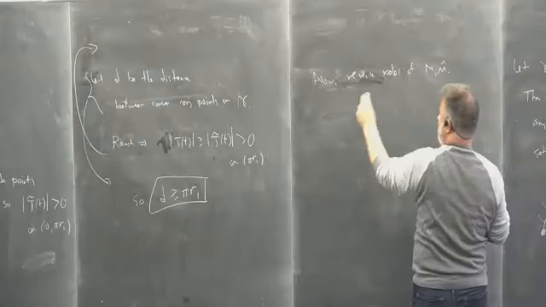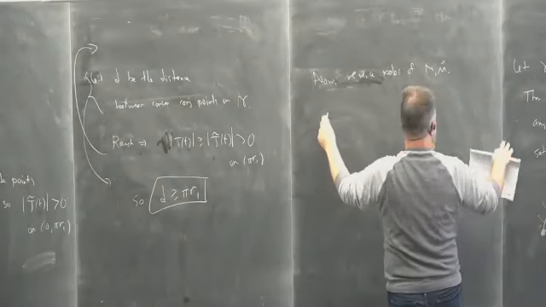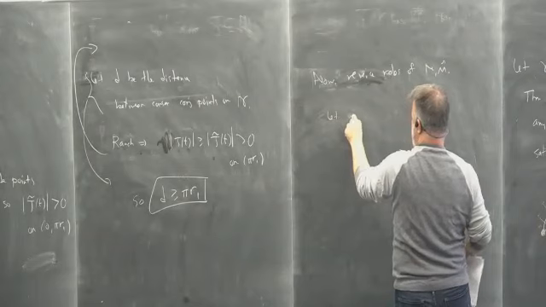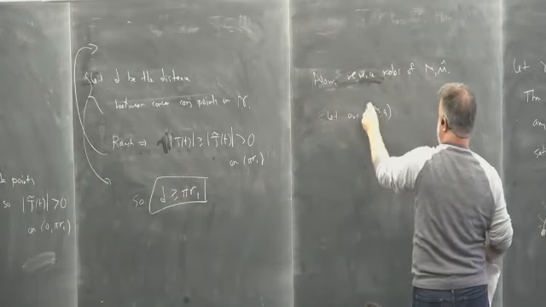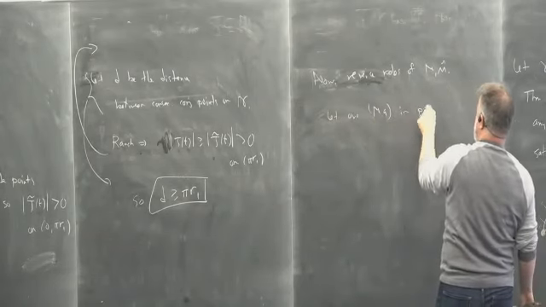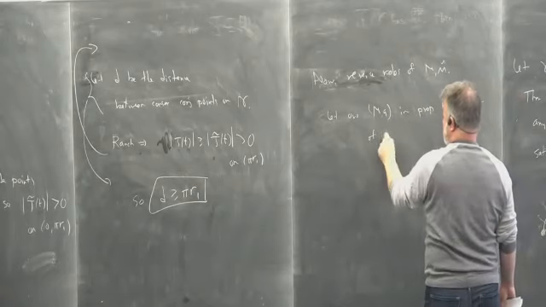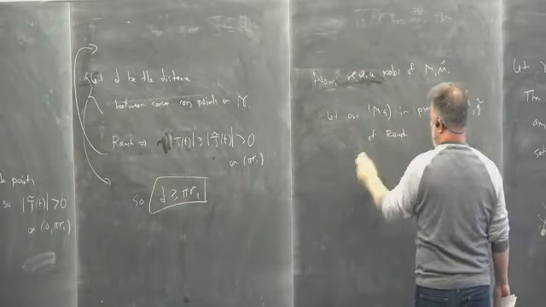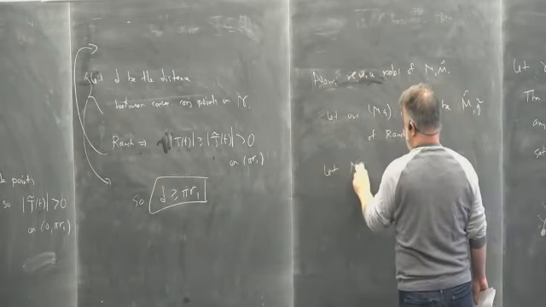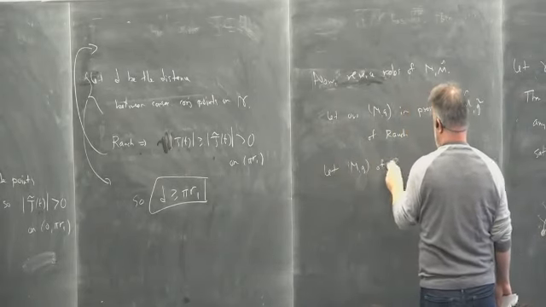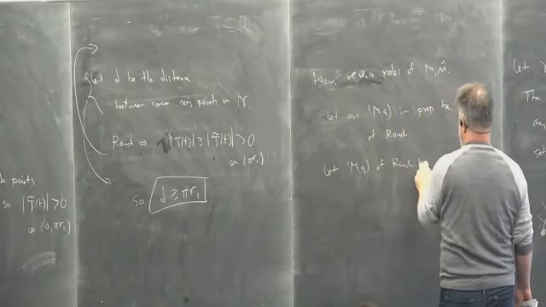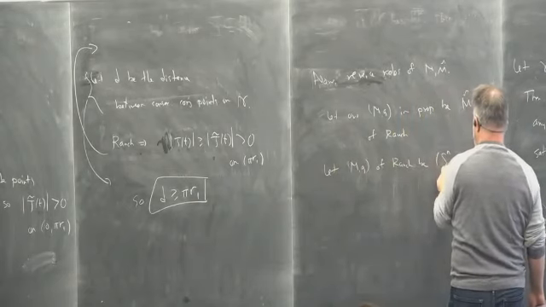What do I mean? Let M and g in the proposition be the M tilde and g tilde of Rauch, and let the M and g of Rauch be the sphere of radius R2.